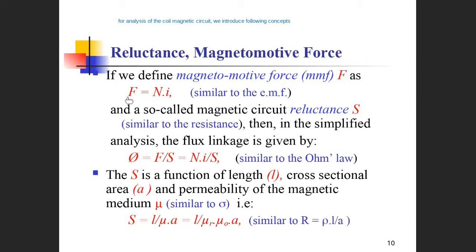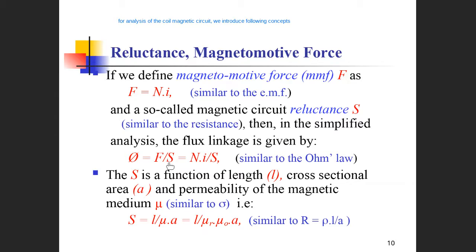Now, using this magnetomotive force to produce a magnetic field inside the coils, the magnetic flux inside the coils is proportional to the magnetomotive force of the coils and inversely proportional to the so-called reluctance. The reluctance here represents the capability of the coils to allow the magnetic flux to go through.